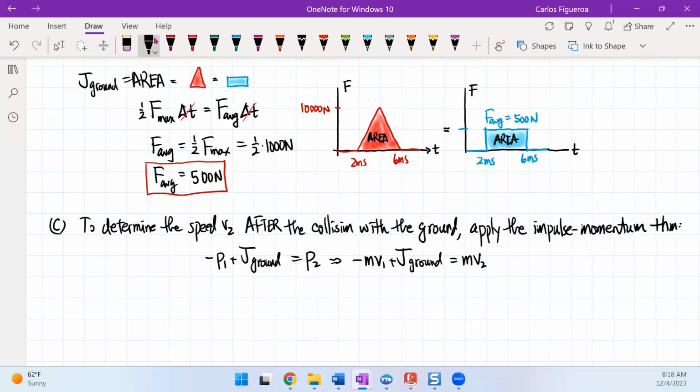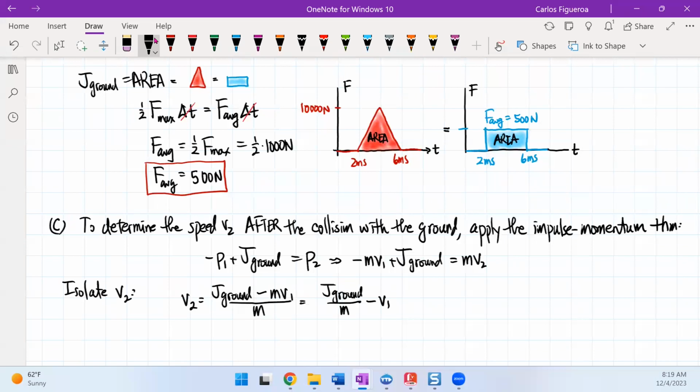Now, if I isolate V2, you'll see here that I get V2 equals J of the ground minus m v1, divided by m, and I could reduce this by writing it as J ground divided by m, minus v1.